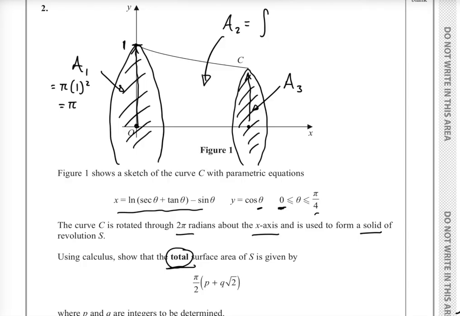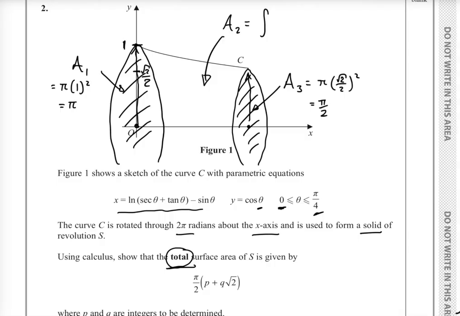For the other one then, pi by 4 gives me an answer of root 2 over 2. That's this value here, root 2 over 2. So A3, pi r squared, is equal to pi by 2. So those are my base and top of the solid.